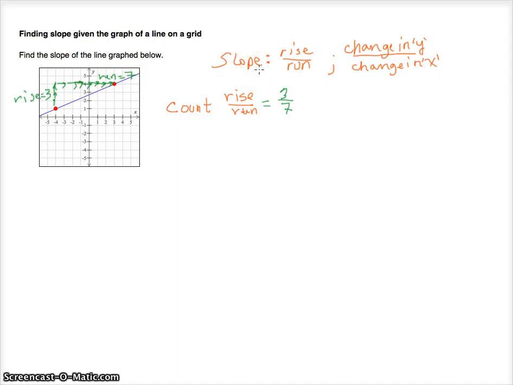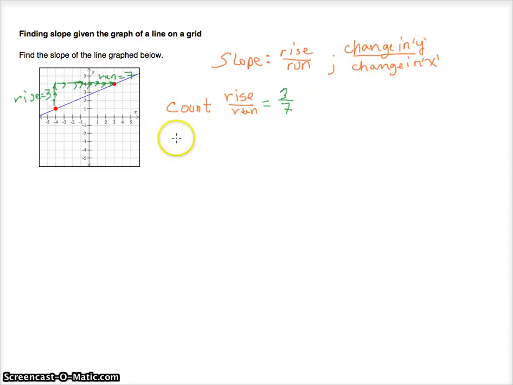The second way you can do it is finding the change in y over the change in x. Another piece of terminology we need to talk about is that there's a formula to find the slope. So maybe you're not given the graph and it takes too long to graph it anyway.